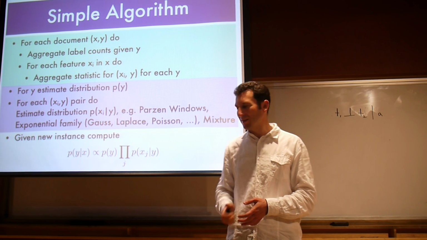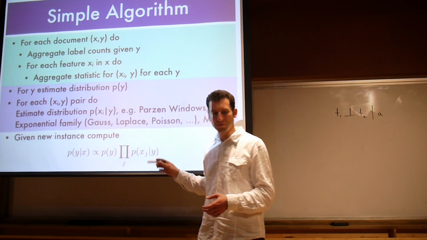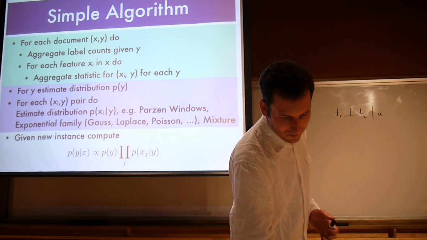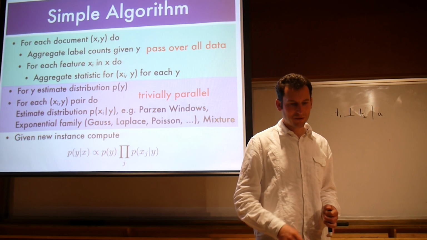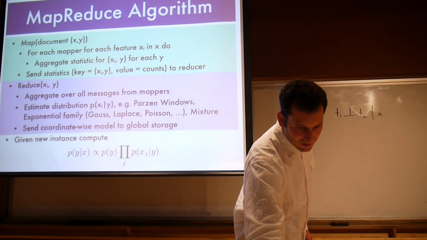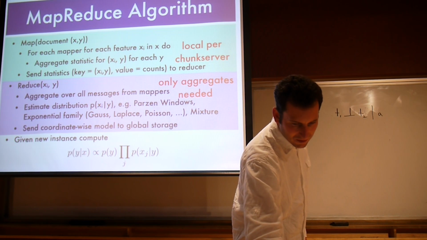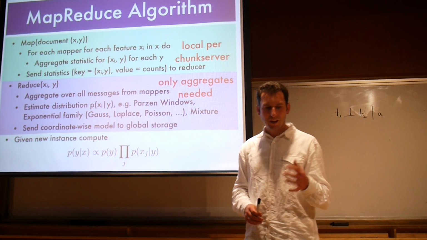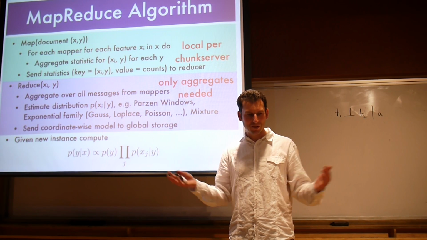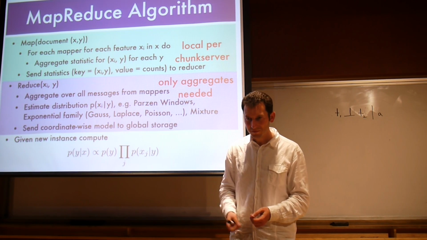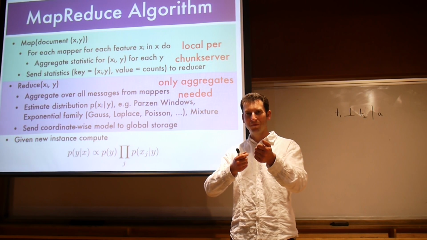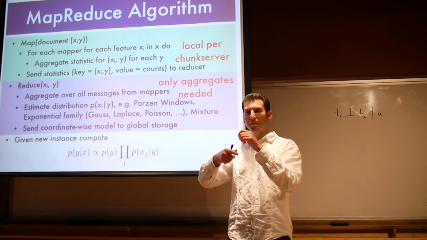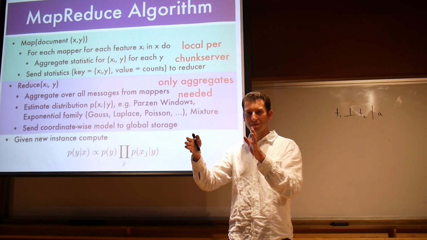And then for a new instance, I just use my standard recipe. So how do we do that in MapReduce? It's already nicely color-coded. We basically have a mapper which takes each document one at a time. It emits the label. It emits the label and word count pairs.